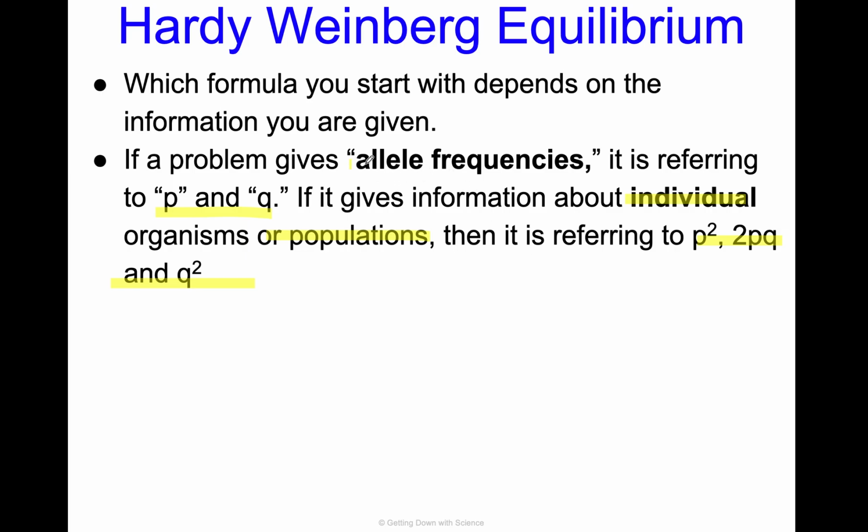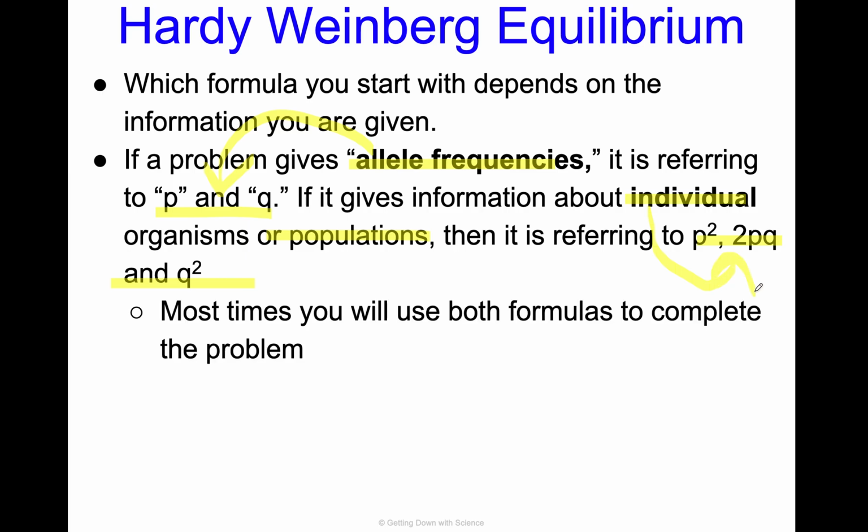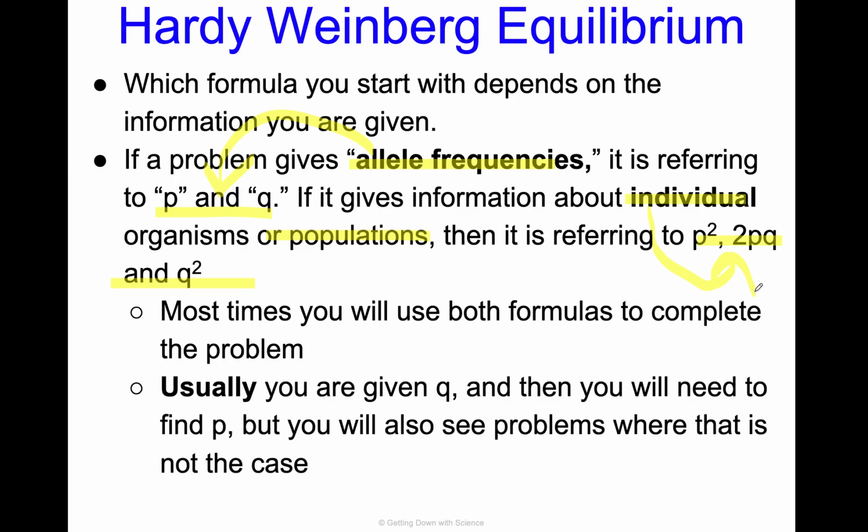So you see allele frequencies, you're doing the more simple equation. If you're looking at individual organisms or total populations, you're going to be using the more complex equation. A lot of times you're going to use both. Usually you're given Q and then you need to find P. But you're also going to see problems that that's not the case.